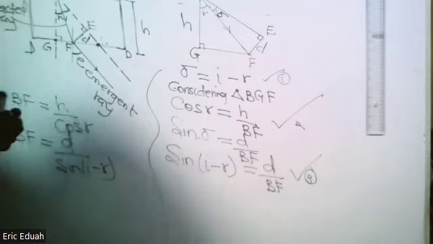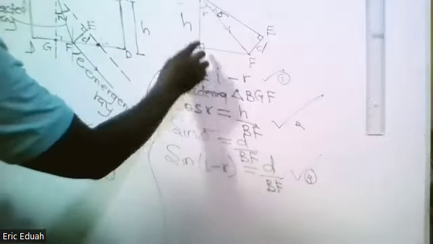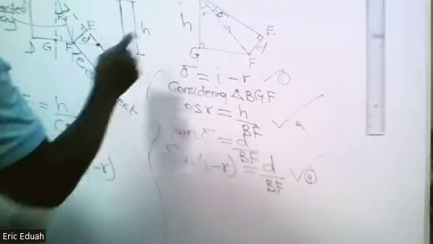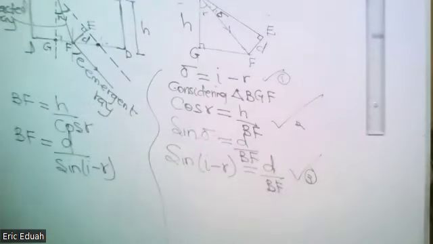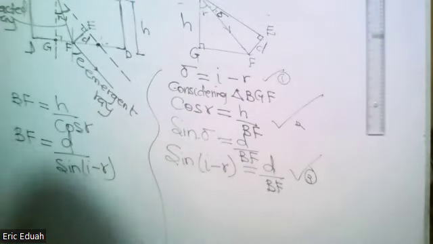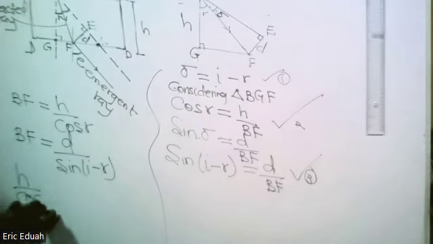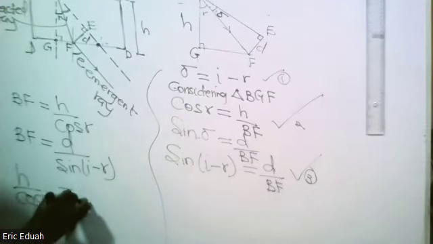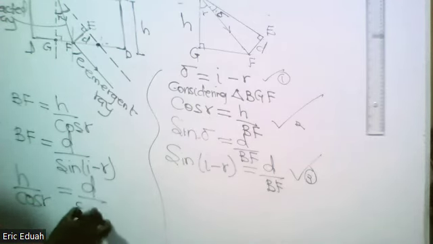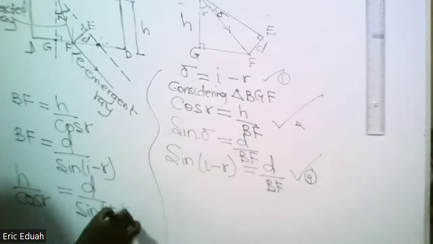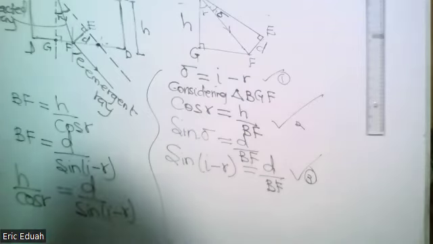They all share a common hypotenuse BF. Triangle BGF and triangle BEF share a common hypotenuse, so we can equate them. H over cos R is equal to D over sine I minus R. Help me make D the subject.